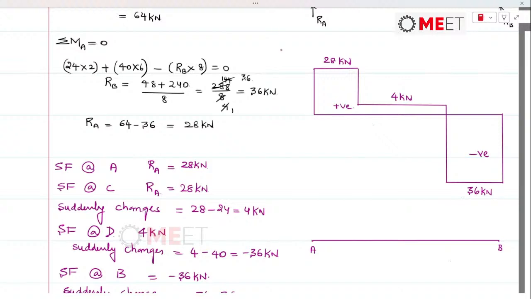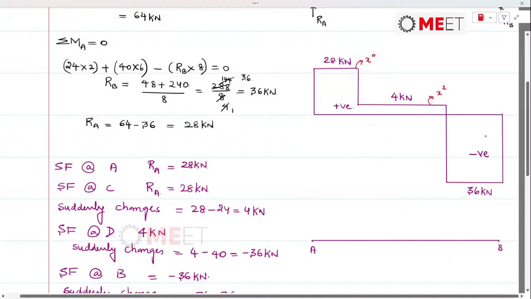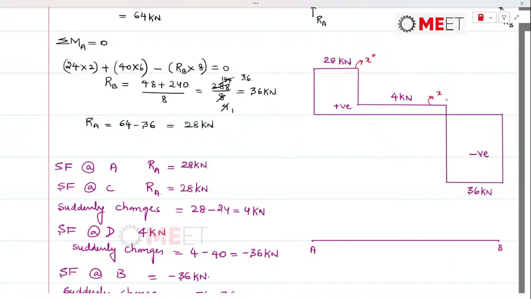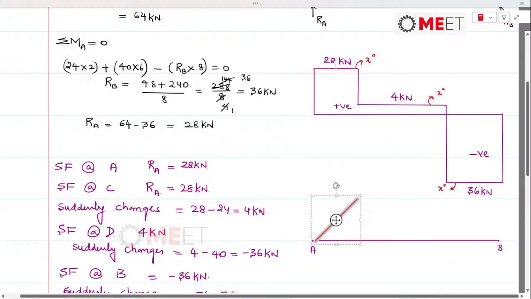Since the shear force is the x power 0 line, the bending moment is going to be an x power 1 line, so it is going to increase linearly and be continuous up till the point B, with the straight line having the same slope.